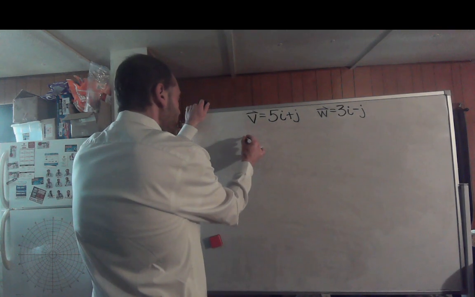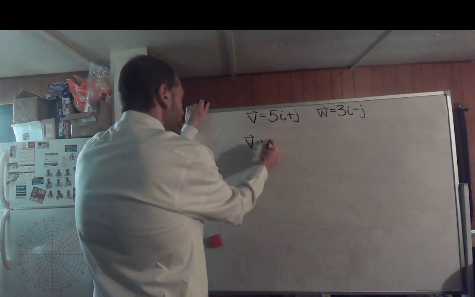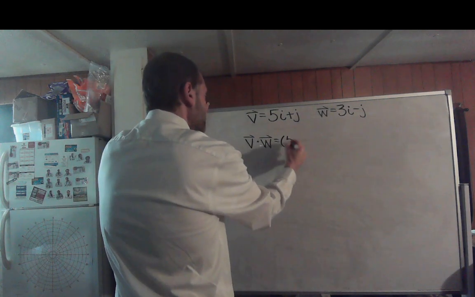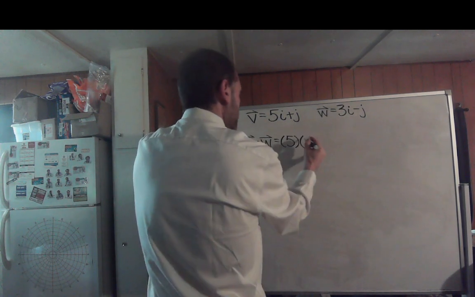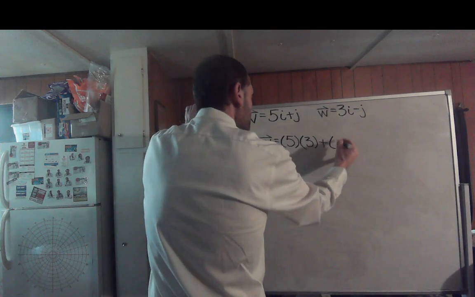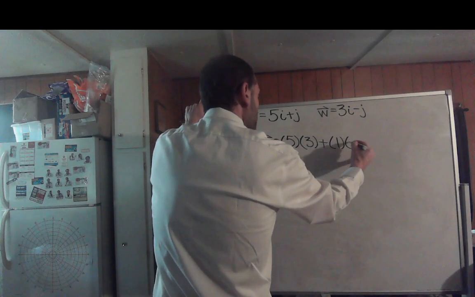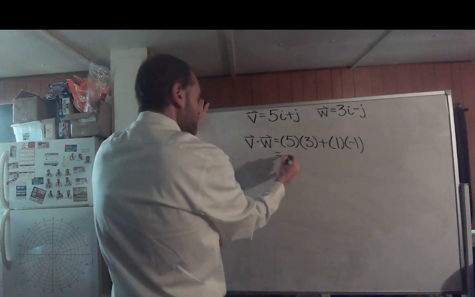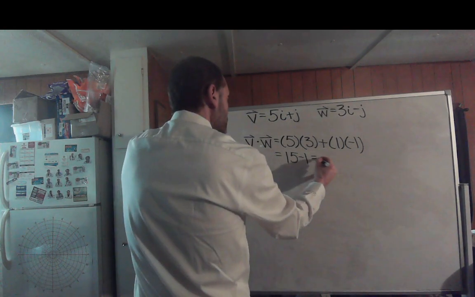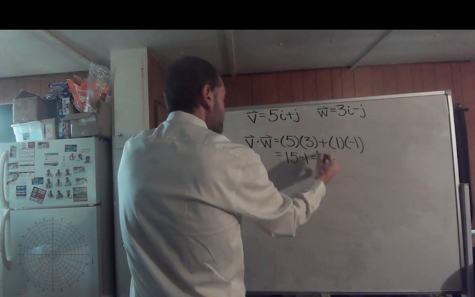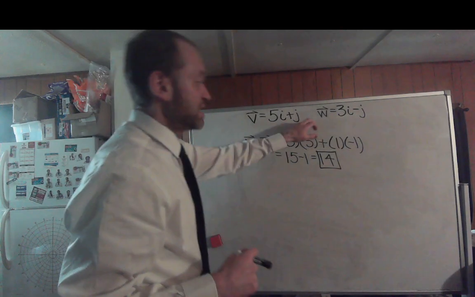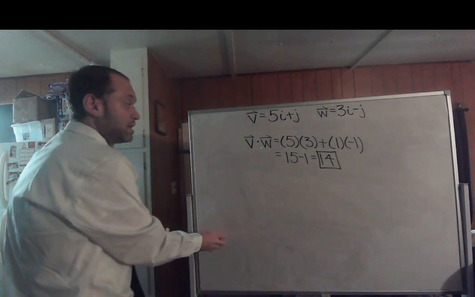So the dot product in this case is going to be that 5 times the 3 plus that 1 times -1, which would end up giving you 15 minus 1, or a dot product of 14. So the dot product in this case for vectors v and w is 14.